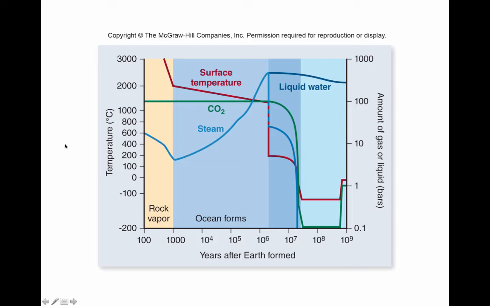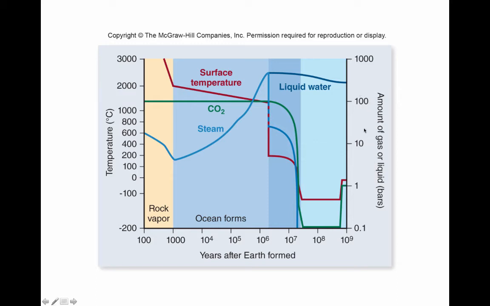This is what we call a double Y graph. On the x-axis we have time in the number of years after the Earth formed, and we can see that this is a logarithmic scale. It goes by powers of 10 rather than in even increments. And we have two different y-axes. One of the things that's plotted is temperature, and we see this on the left-hand y-axis in degrees Celsius, and on the right-hand y-axis we see amount of gas or liquid.